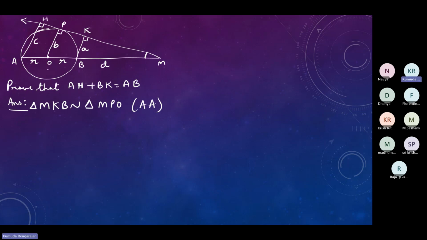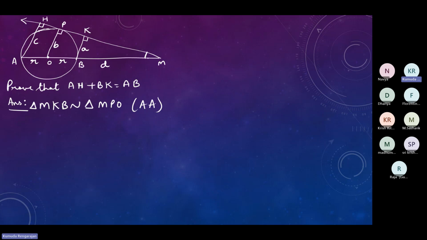Since we have to prove AH plus BK is equal to AB, where AH we have marked C and BK we have marked A, and AB is 2R.